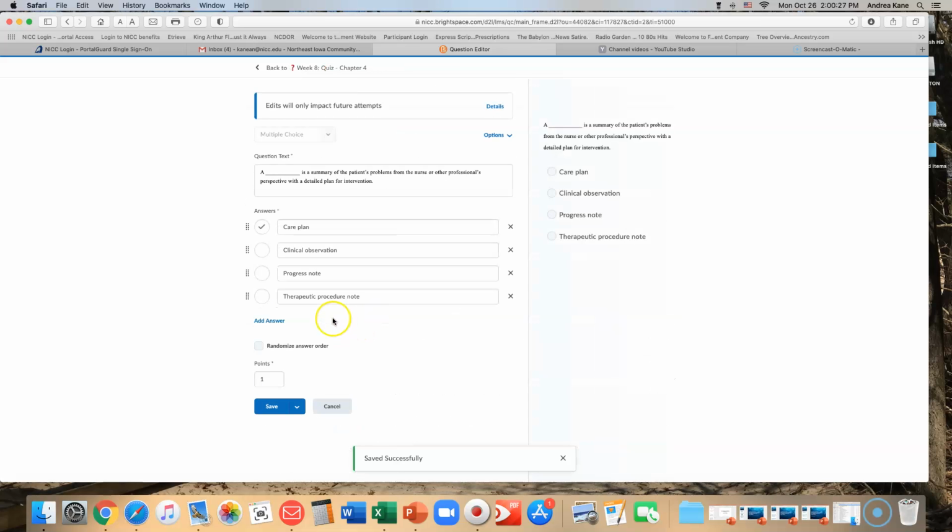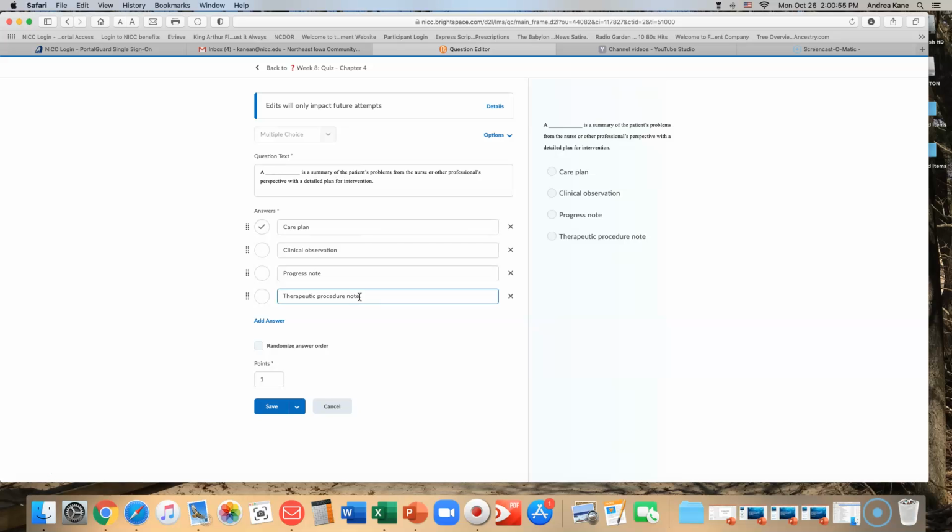A blank is a summary of the patient's problems from the nurse or other professional's perspective with a detailed plan for intervention. Okay, so we're looking at a summary of patient problems and a detailed plan for intervention. Is that a procedure note?